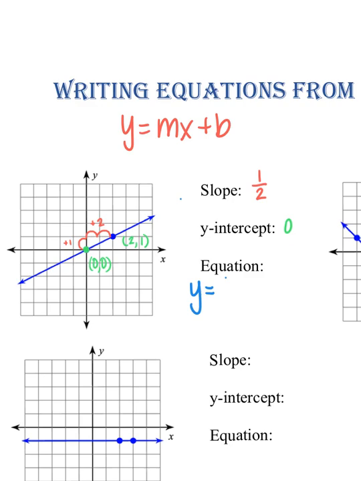My slope in this case is 1 over 2 x plus my y-intercept, 0. That's it. That's my equation. y equals 1/2 x plus 0. So all I did was go to my graph, find my y-intercept, determine my slope, and then I'm able to plug that into the equation y equals 1/2 x plus 0.